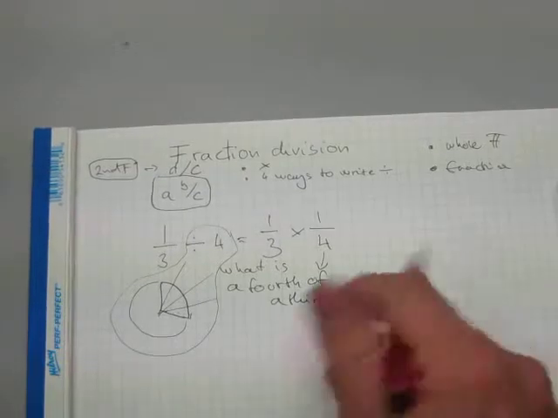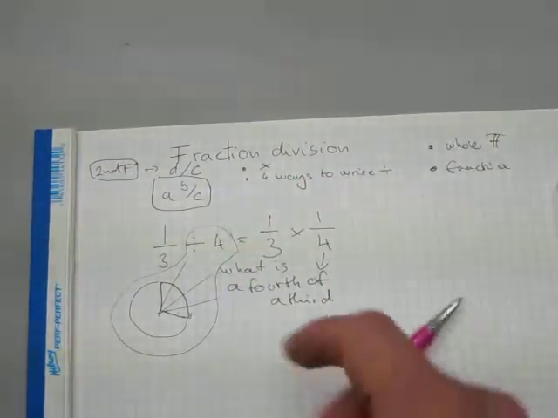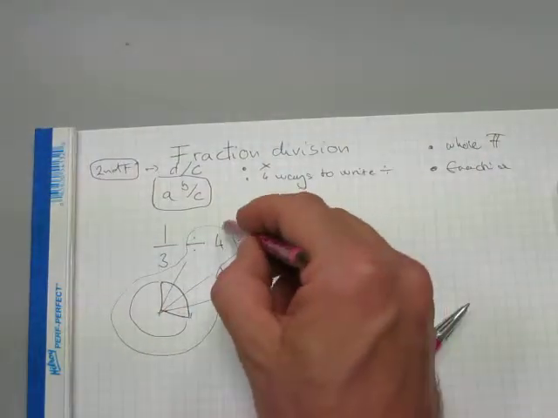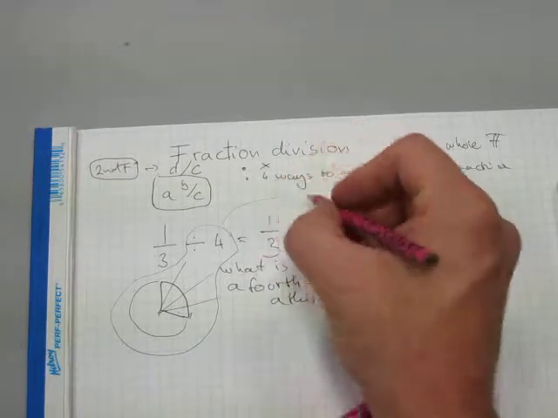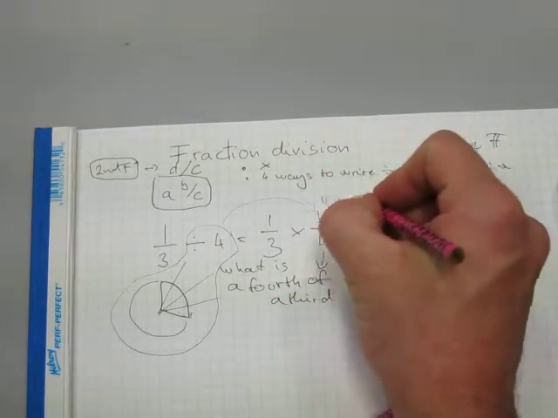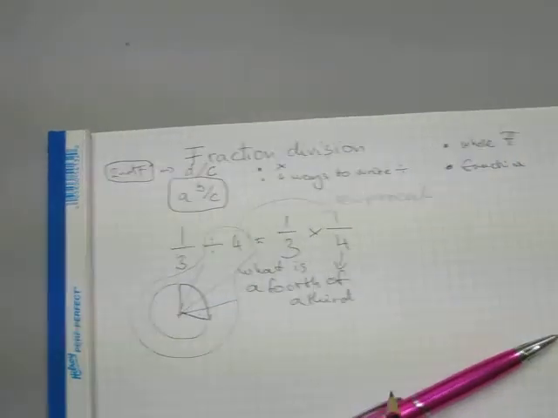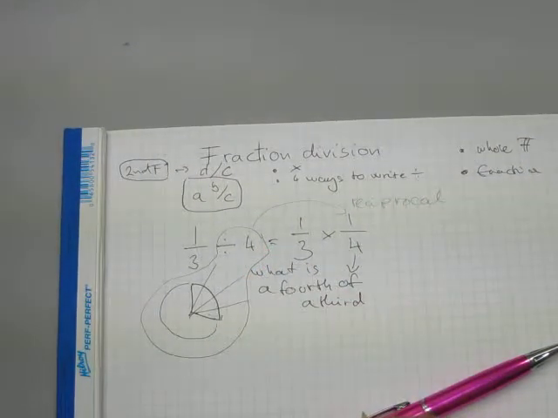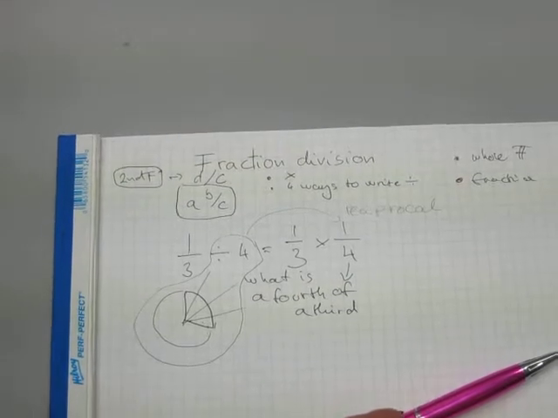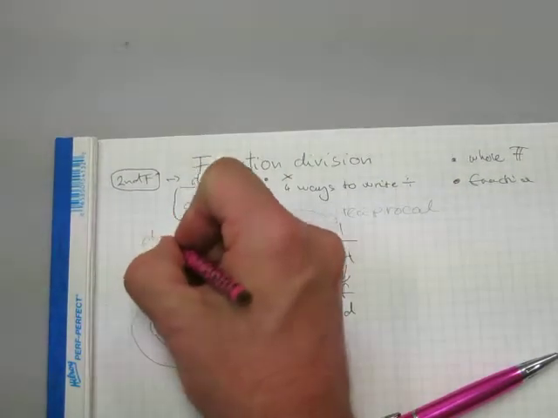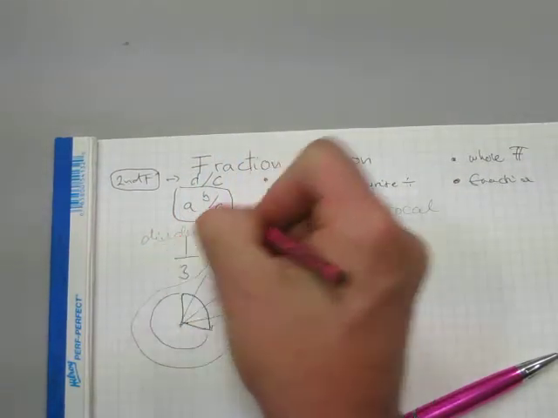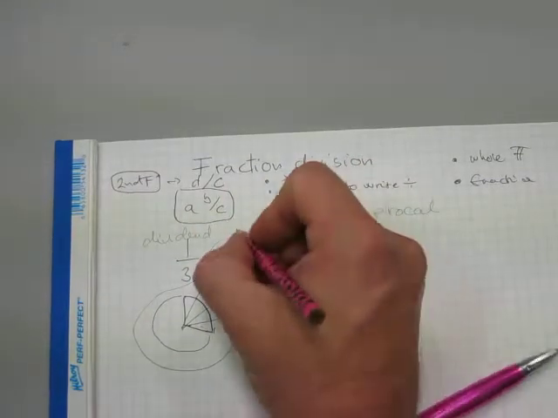The rule, typically, for fraction division is that you take the reciprocal of the divisor. This is the dividend, the number to be divided, and this is the divisor.